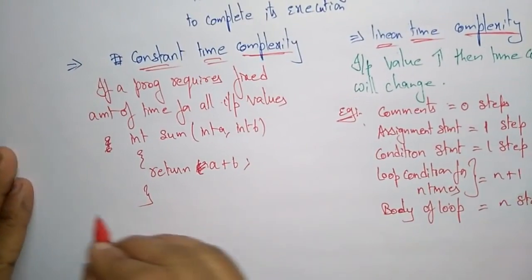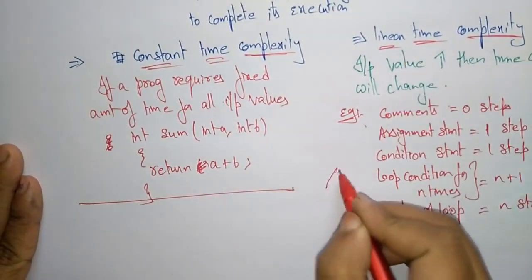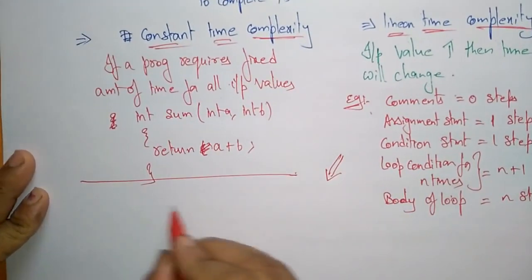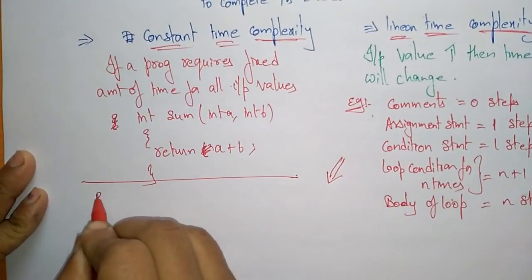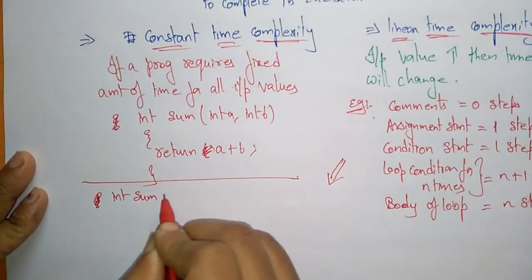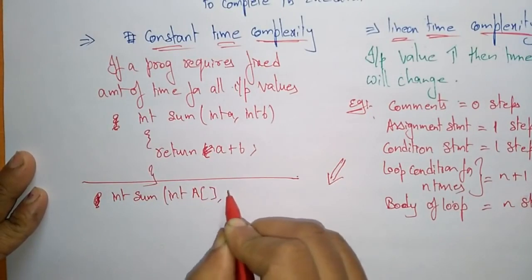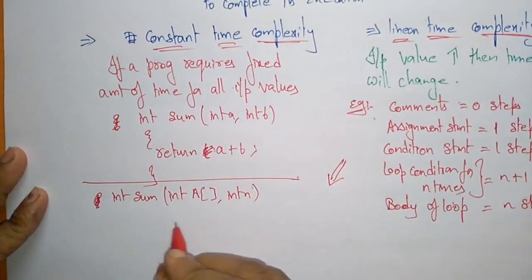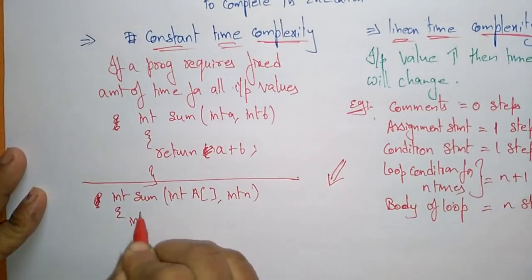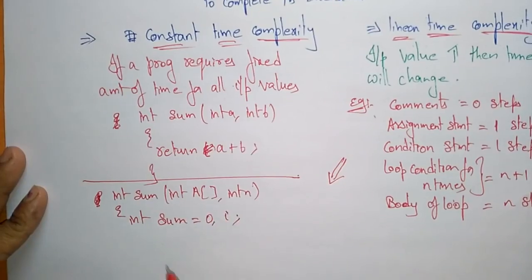Now take one example for this linear time complexity. Suppose int sum of int a, int n. Here a is an array variable and n is an integer. Inside, int sum is equal to 0, comma i.